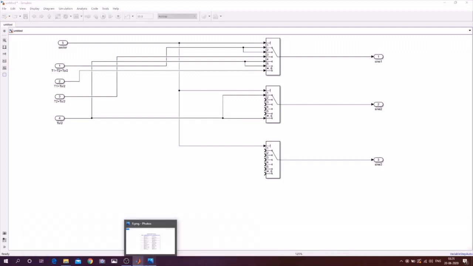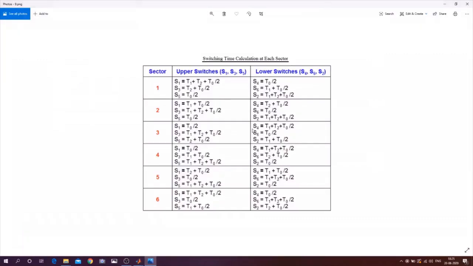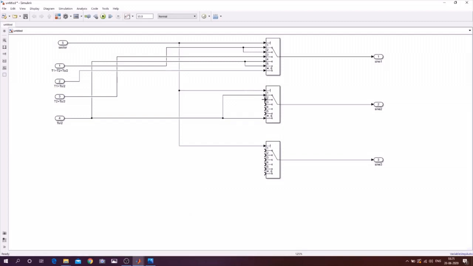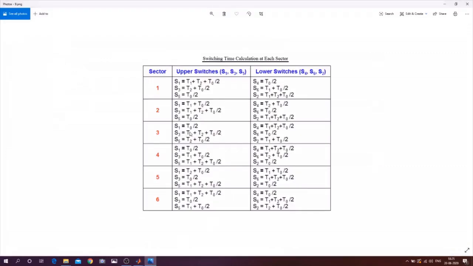Then here switch 2 is T1 plus T0 by 2, that is this one. Then switch 3 and switch 4 are the same, it is T1 plus T2 plus T0 by 2.